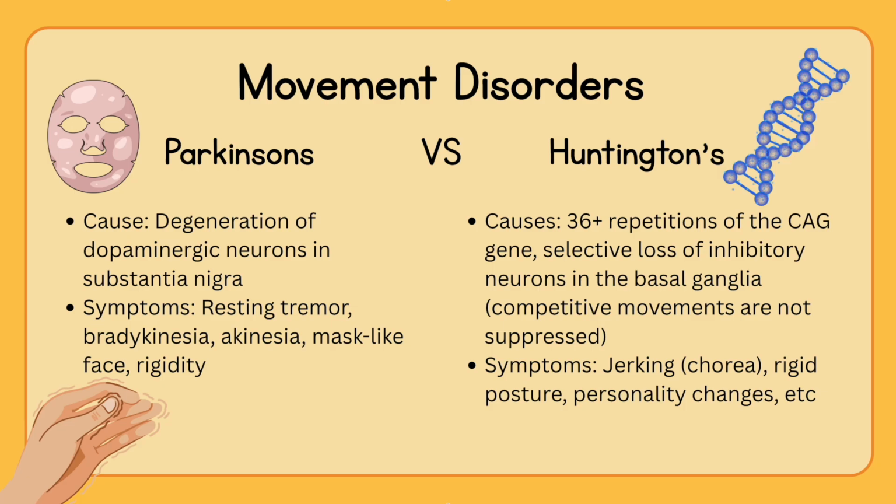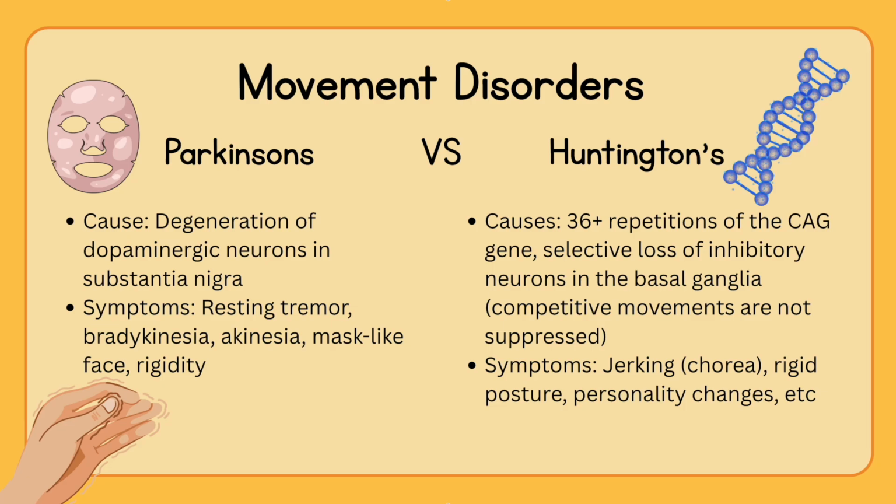So symptoms include chorea, which is derived from a Latin word for dance. And this is characterized by a jerking movement, making unconventional movements, just involuntary jerking, shaking, moving, rigid posture, personality changes, and so on. So those are the two main movement disorders that were covered in Chapter 3.